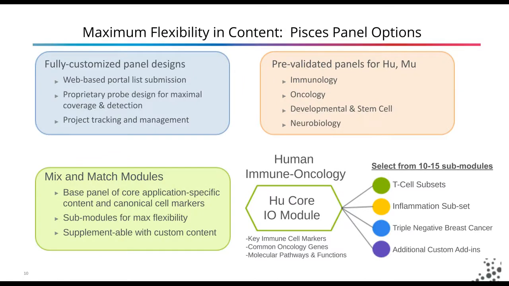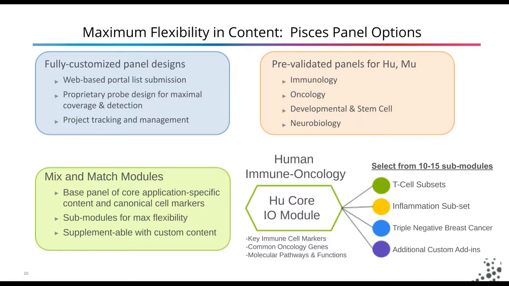As the panels grow in size, we will have basic core panels comprised of the key usual suspect genes within a certain research area, and then be able to mix and match submodules so that you can provide off-the-shelf pre-validated custom panels using these subset modules.